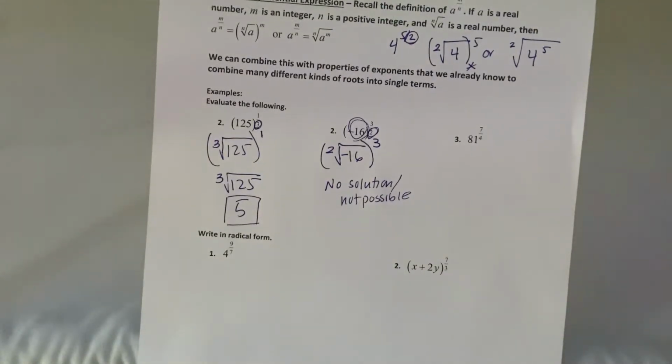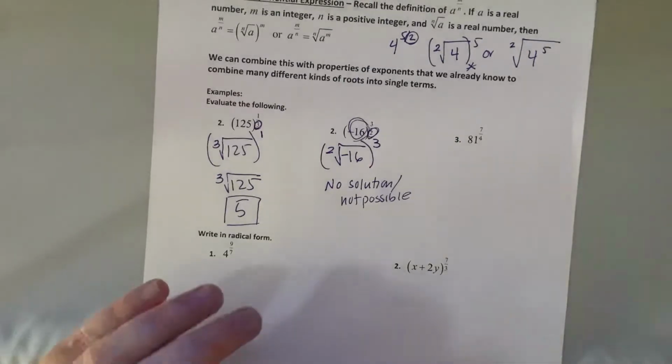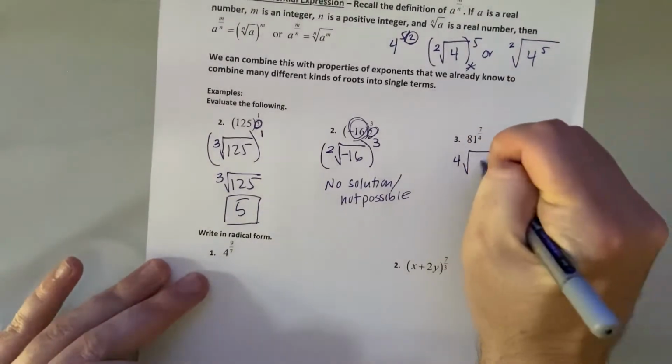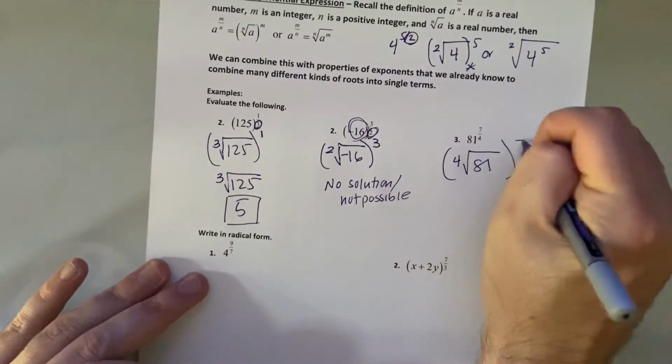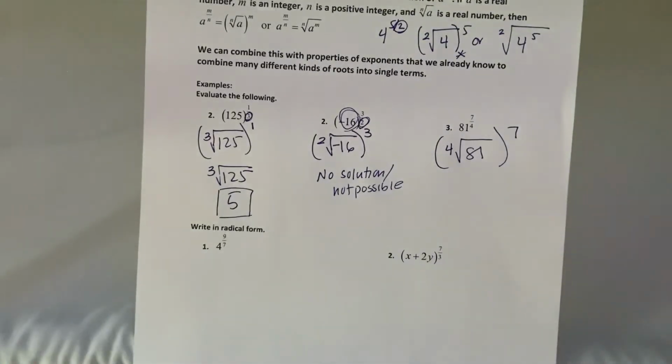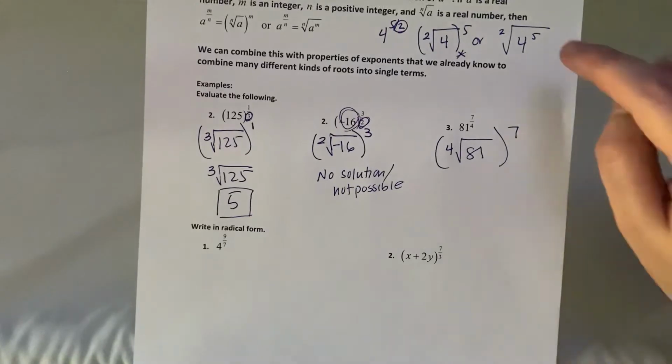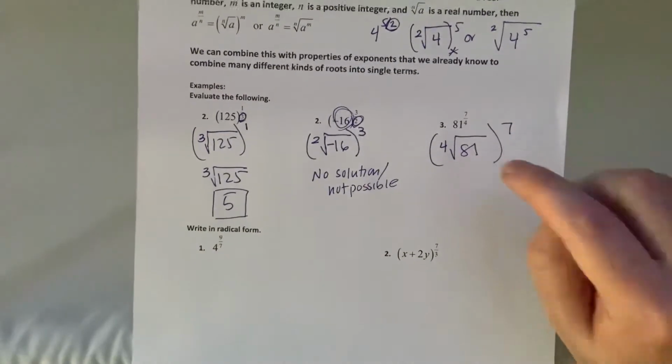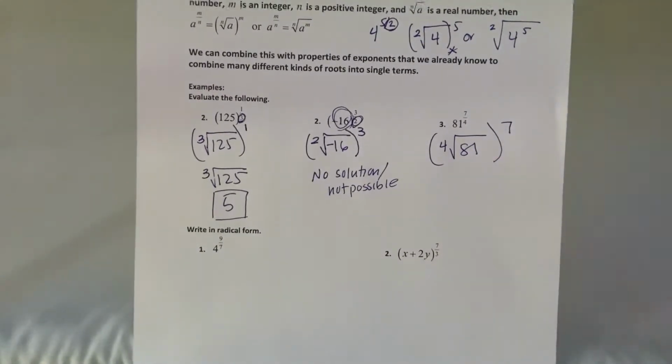81 to the 7/4 power can be rewritten as the 4th root of 81 raised to the 7th. Okay, so this is a good example of why we don't use this method. Do you want to take 81 to the 7th power and then try to take a 4th root of it? Probably not. You'd be multiplying for a while.